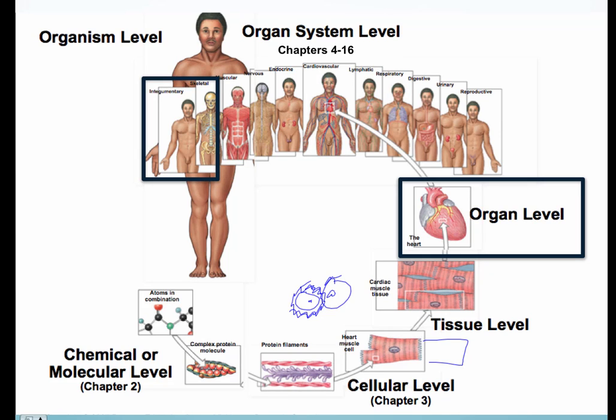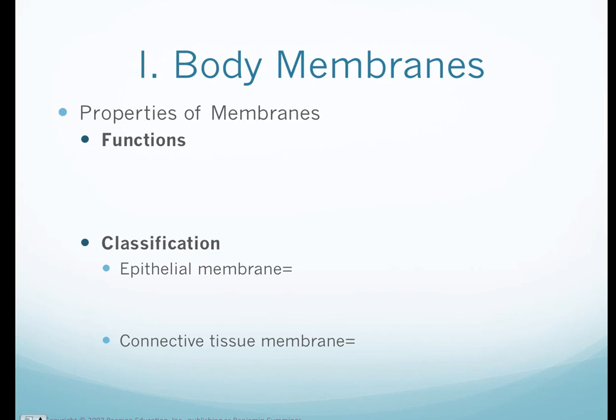Now we're going to look at the organ level where we combine different types of tissue types, so 2 or more tissue types, and they can give rise to our final organ. And so the very first thing we're going to look at are body membranes. And what are membranes? Membranes serve 2 purposes.